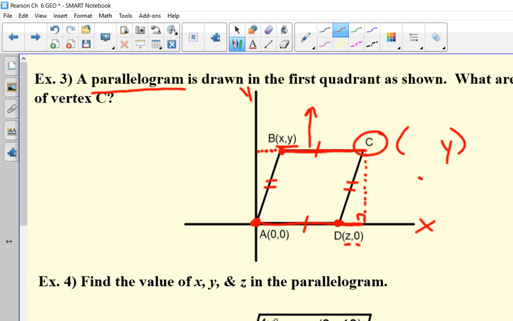Now, when I try to get an X value, I'm looking at the distance X is from the Y axis. So I'm looking at that whole space between the Y axis and going all the way out to C. What can I use to represent the X value at C? I want to think of distance in this case. Did I go this distance? Yes. Did I go this distance? Yes. What represents that?